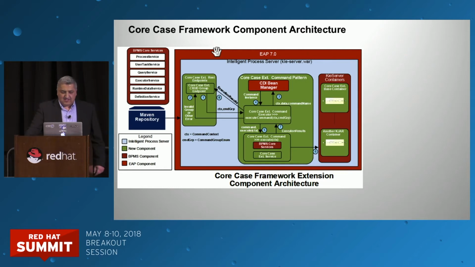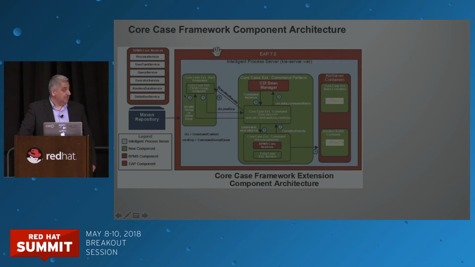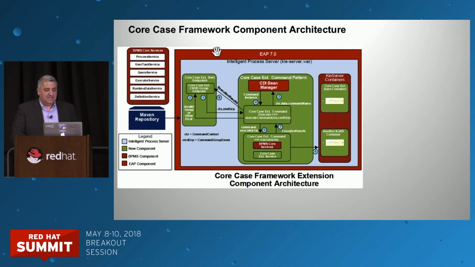So the first line of defense we have is exposing our services in a RESTful fashion. Just like any other service, jBPM exposes, our case management services are exposed the same way. So when a RESTful request is made, it is first intercepted by the RESTful endpoint, which in turn forces things into the command executor, which we also built to verify: is this request valid?